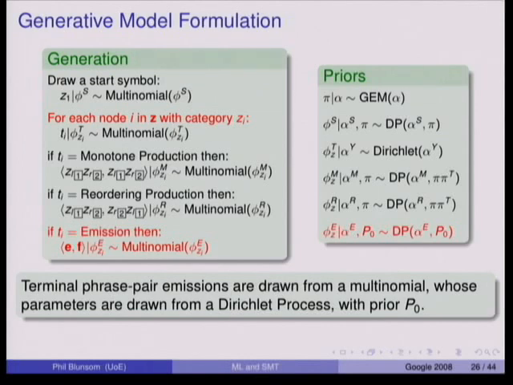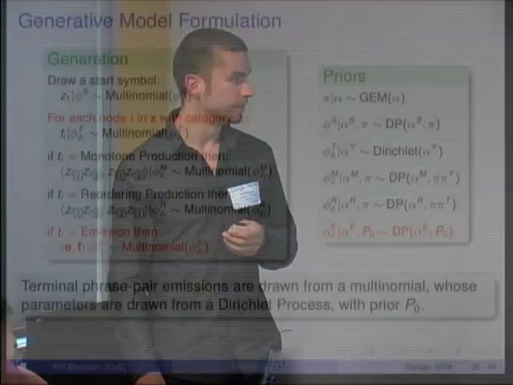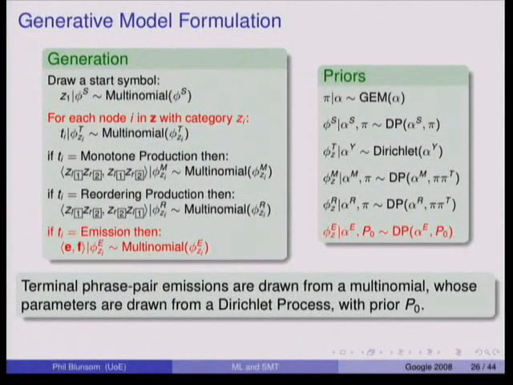So here you can think of the infinite process being every possible translation pair that we could have. So every source and target phrase. And so we have an infinite distribution over those. And its base distribution is some prior P0 that I'll talk about in a moment. But we can parameterize that prior distribution over phrase pairs. So that's the basic statement of the model in a somewhat complex form.